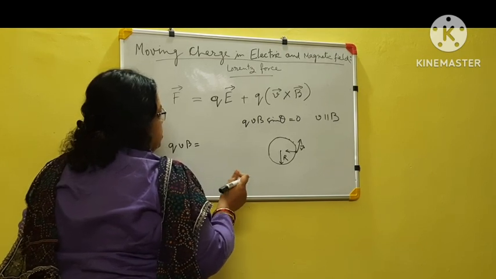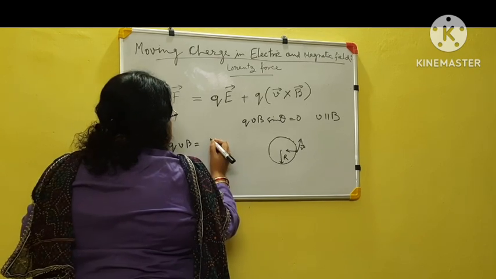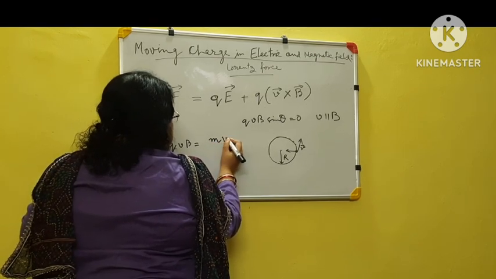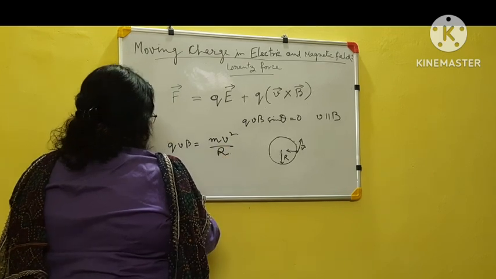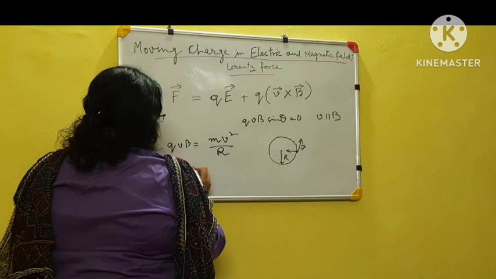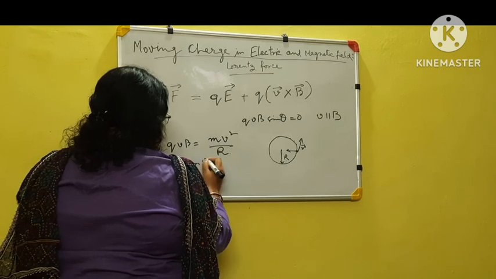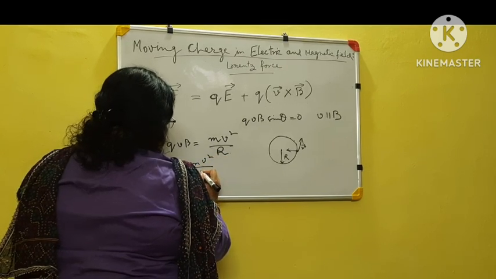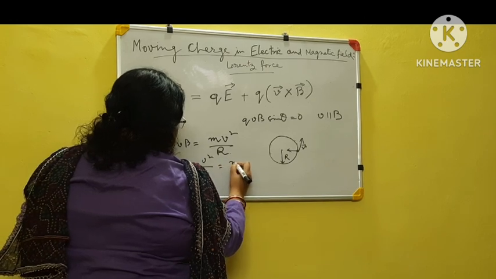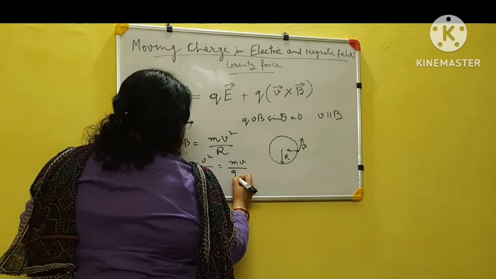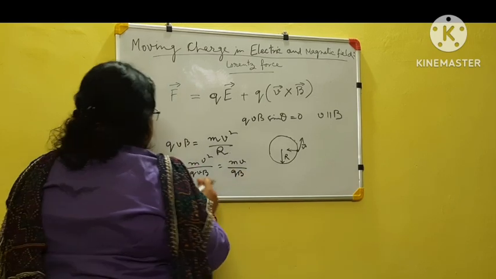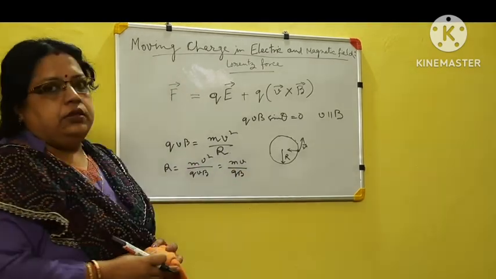So this will be the centripetal force, that means mv square by r equals qvB, or r is equal to mv by qB. That will be the radius of the circular path.